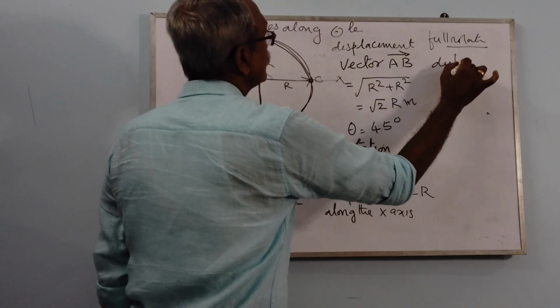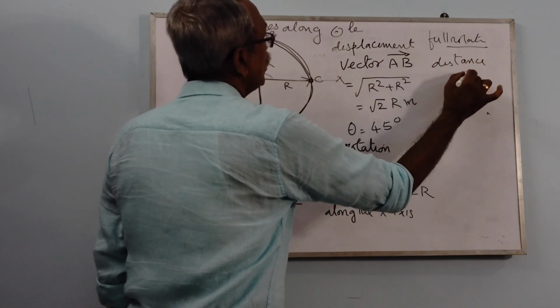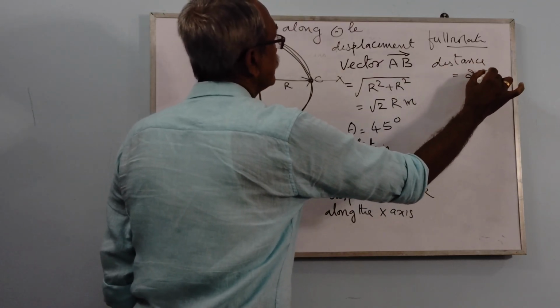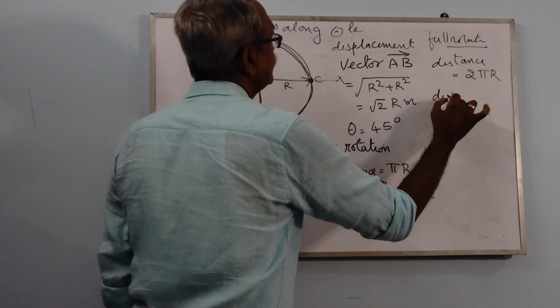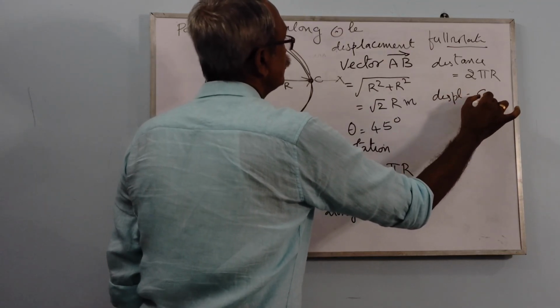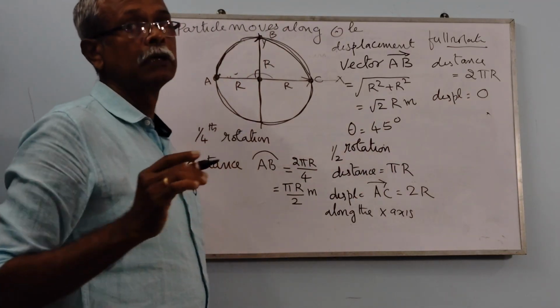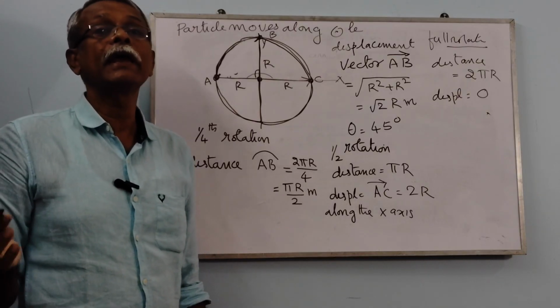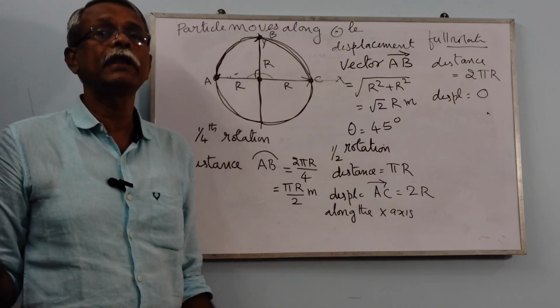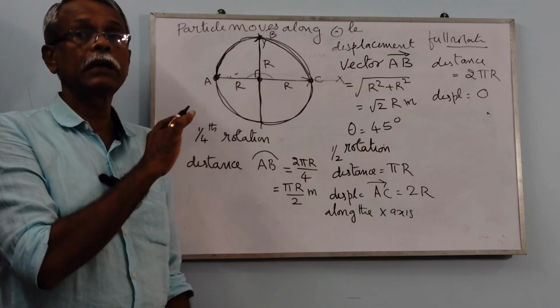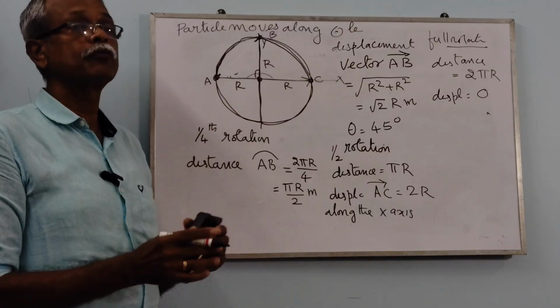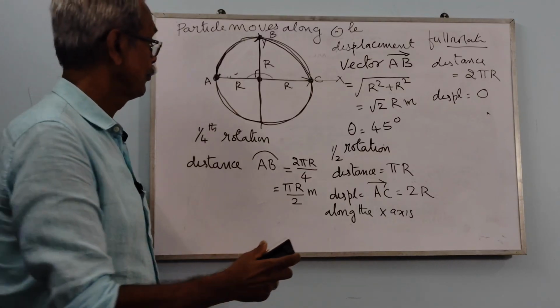Distance is clearly equal to 2 pi r, and displacement is equal to 0, because the particle reaches the starting point again. If it reaches the starting point again, the particle will have a displacement equal to 0.